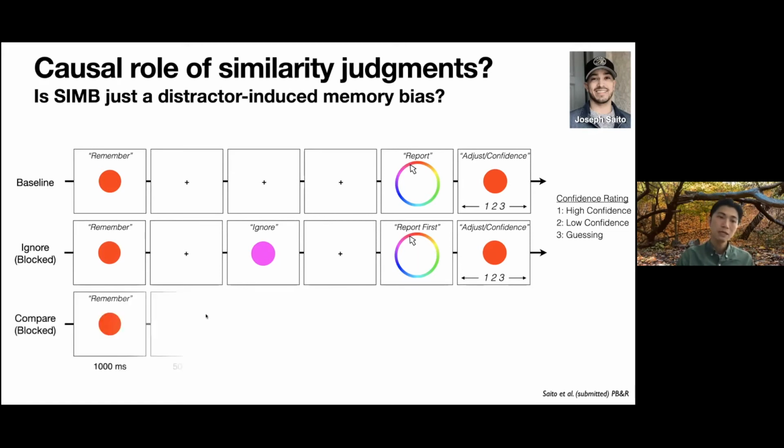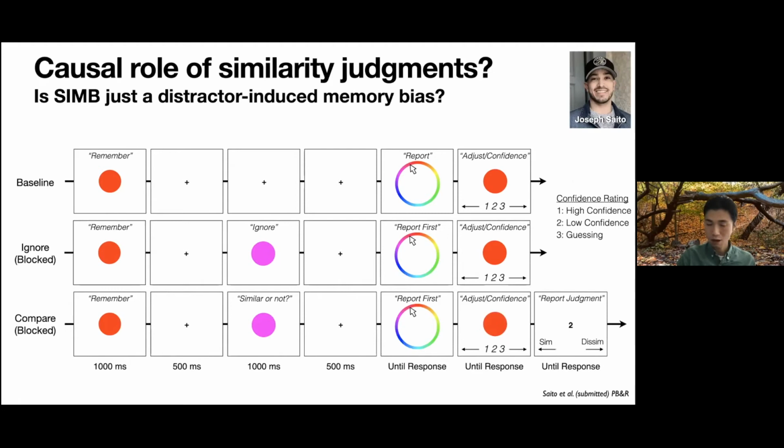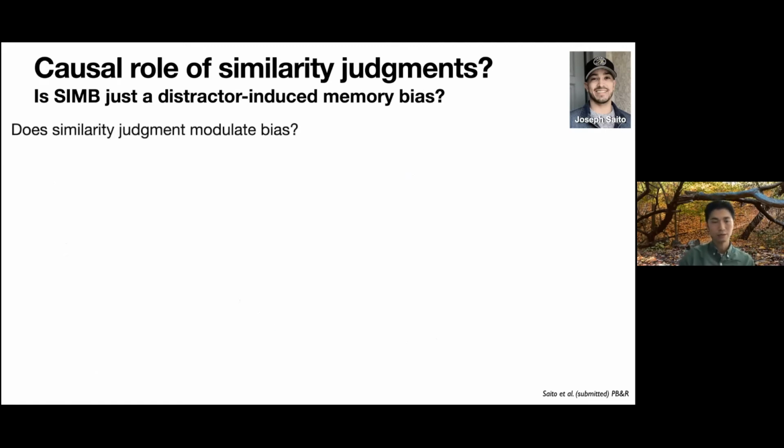In the other comparison block, what participants were told is to compare the intervening probe to the original item. Notice that the ignore and compare trials are physically identical up until the report of the original item. The only thing that was different is whether they have to ignore the intervening probe or to use that probe for the perceptual comparison.